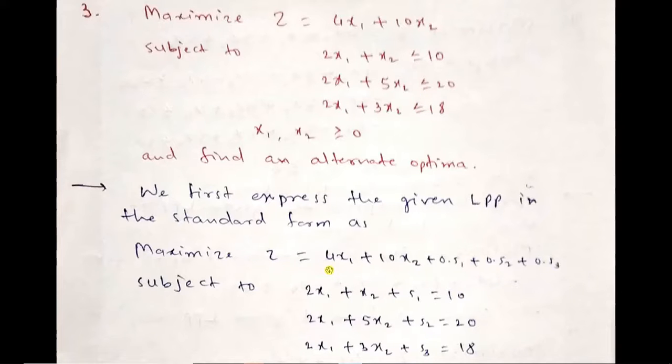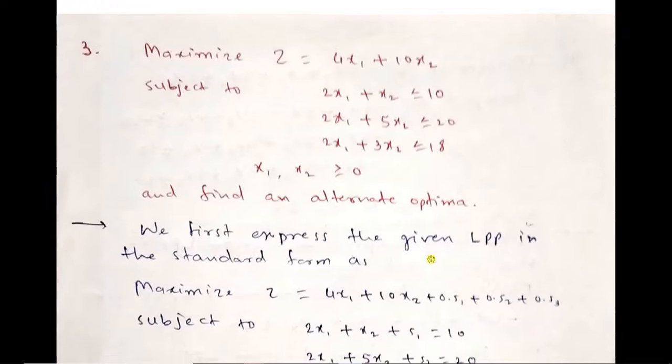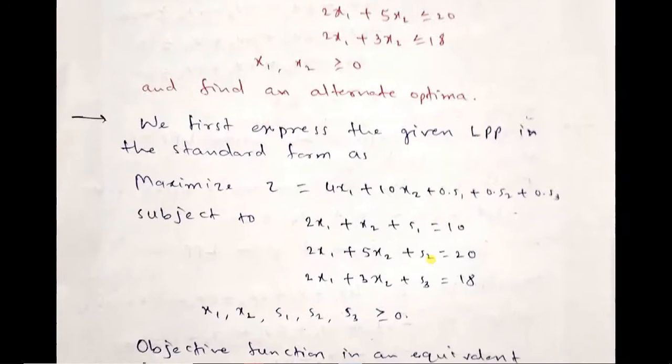So maximize z equal to 4x1 plus 10x2 subject to 2x1 plus x2 plus s1 equal to 10. 2x1 plus 5x2 plus s2 equal to 20. 2x1 plus 3x2 plus s3 equal to 18. x1, x2, s1, s2, s3 all are greater than equal to 0. So this is the standard form of this given LPP.